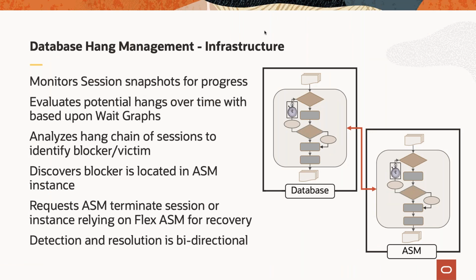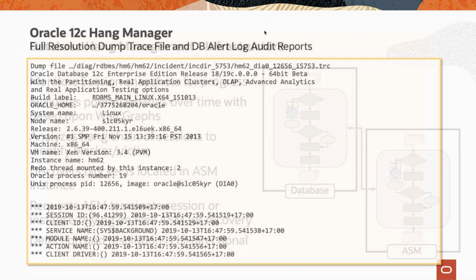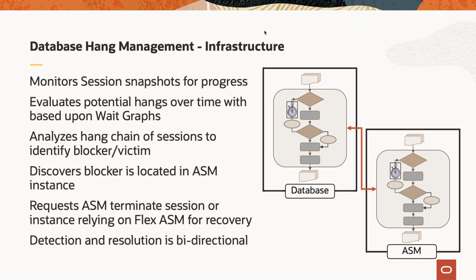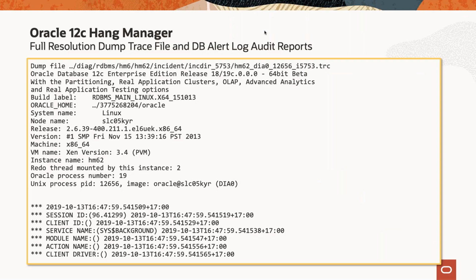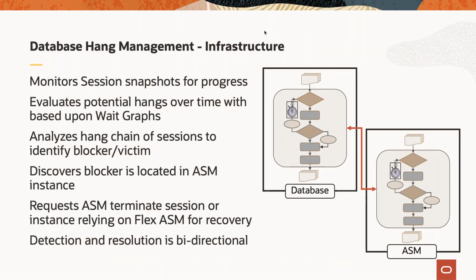A feature in 19c is if there is a database session that is hung because of ASM, it will kill the blocker in ASM, despite the fact that the hang has happened in ASM. So you don't need to do this.